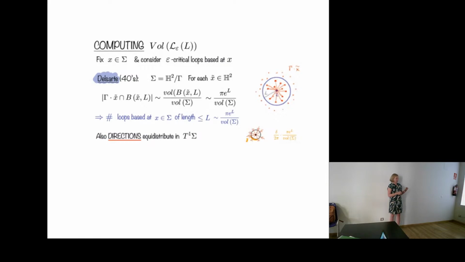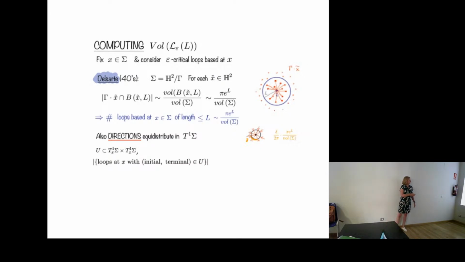But one can actually show that the directions also equidistribute. This picture is tiny, you can't even see what it says. But if I look at how many loops on my surface enter this set in some segment, there's a delta part of the entire 2 pi, delta over 2 pi of them that do that. So these also equidistribute.